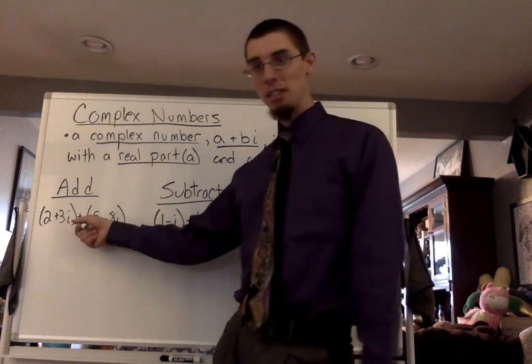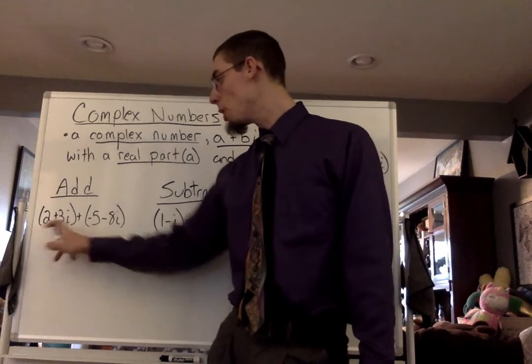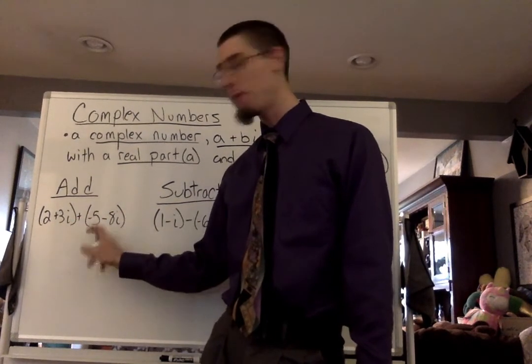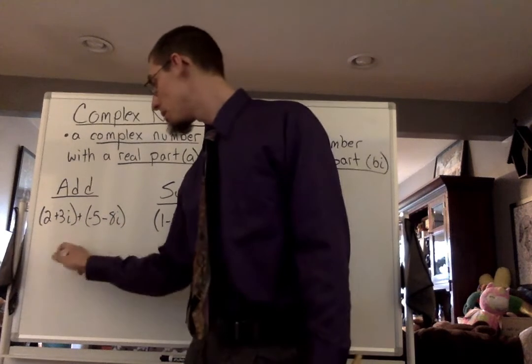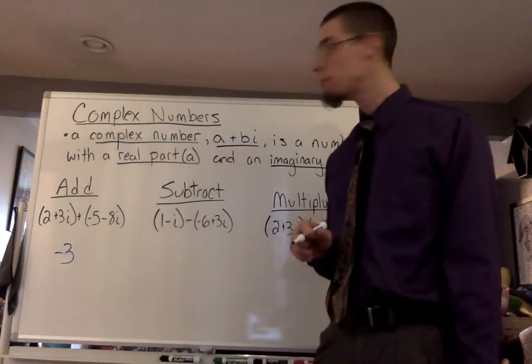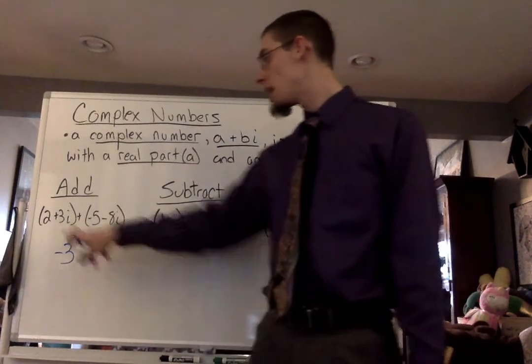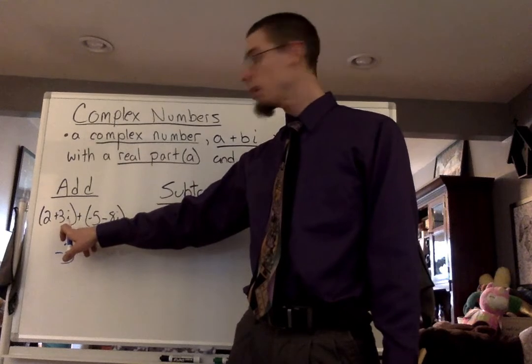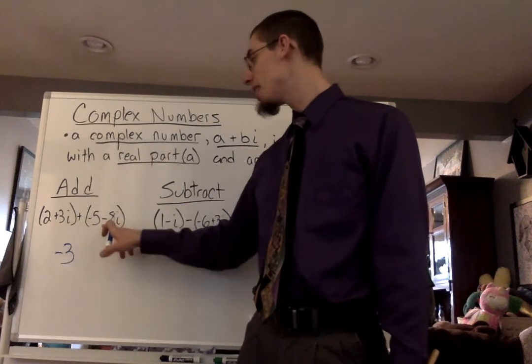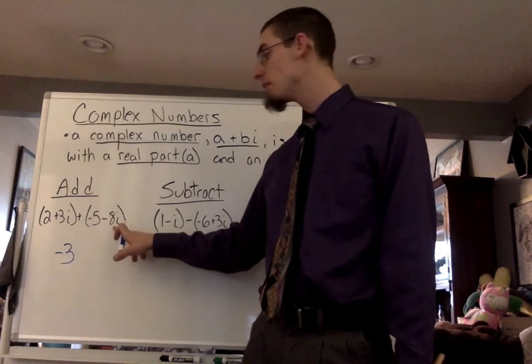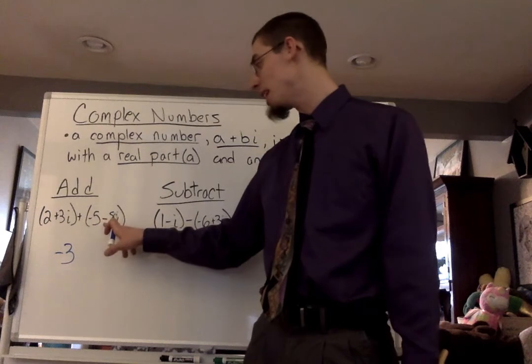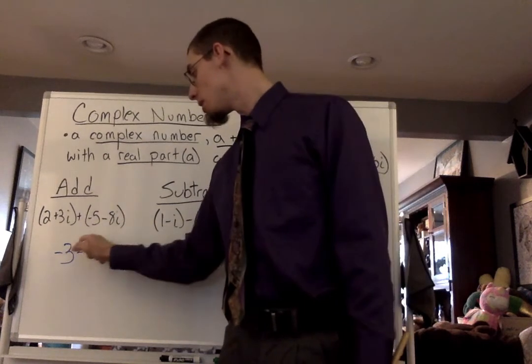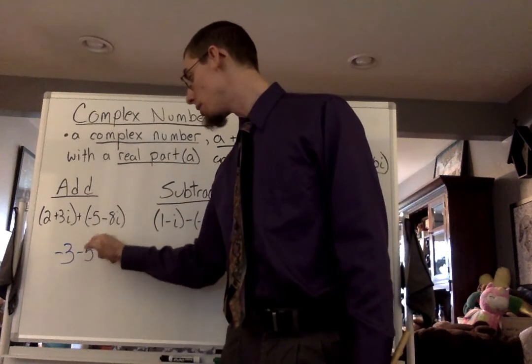This is an addition sign. So 2 plus negative 5 is negative 3. Then 3i plus negative 8i, so 3 plus negative 8 makes it negative 5i.